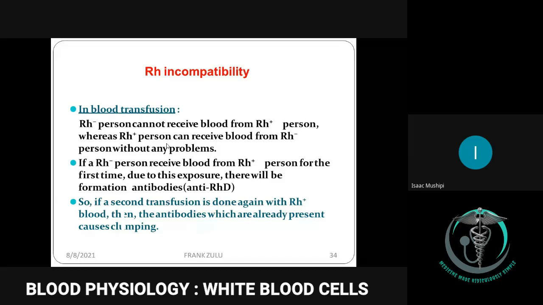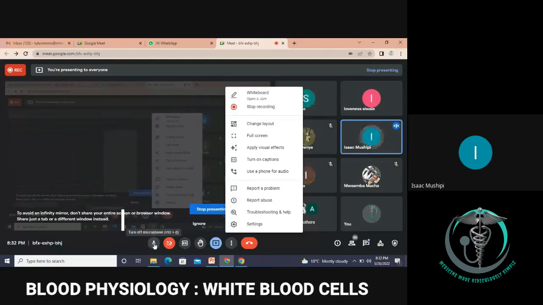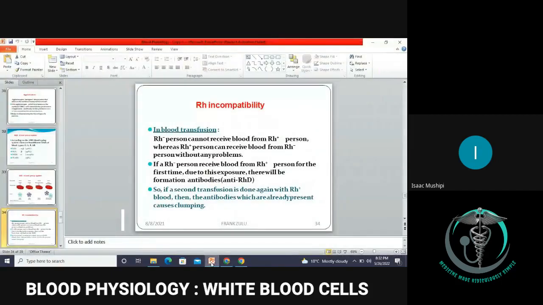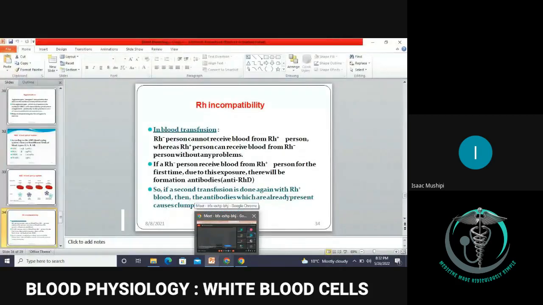What I can say is that the RH system is determined by the antigen D. It is the presence of that D that determines whether someone is rhesus positive or rhesus negative. So when someone has a blood type, let's say A negative, it means they lack antigen D, so there will be no factor that can cause agglutination.